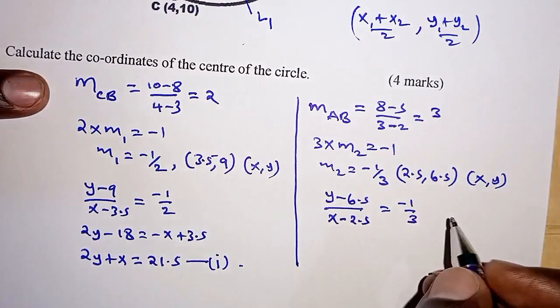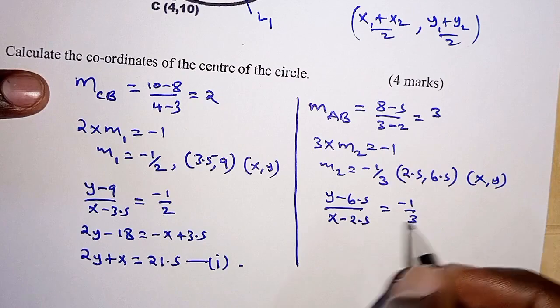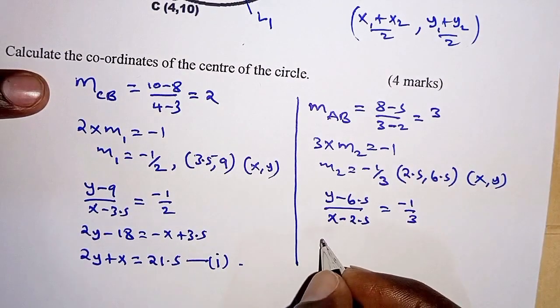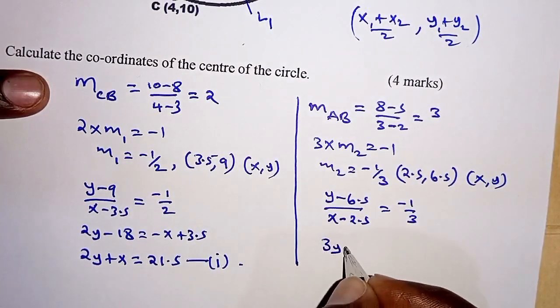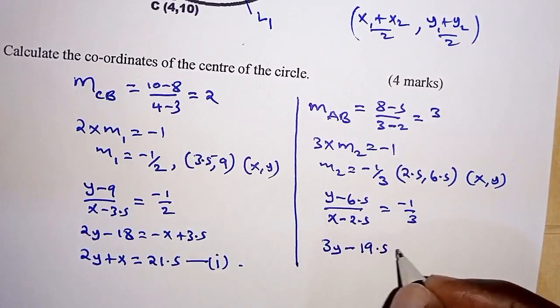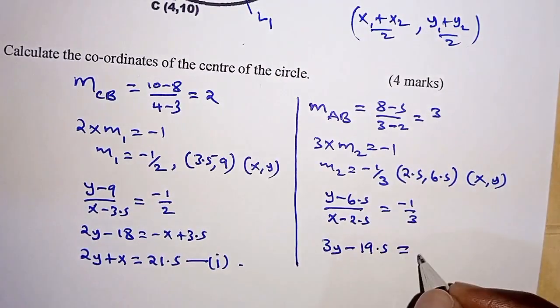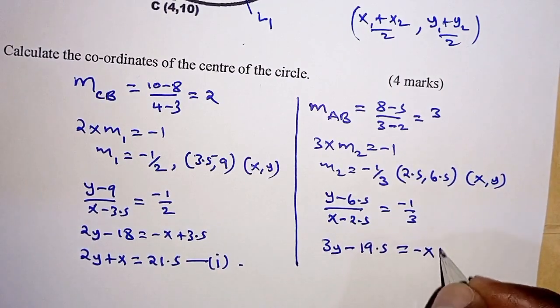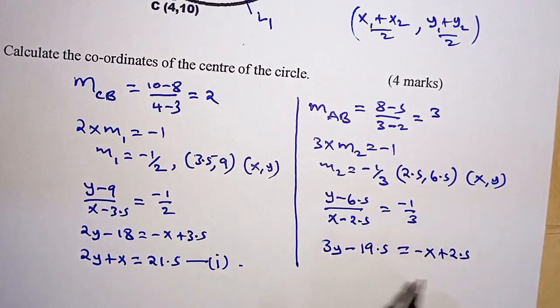Now cross multiplying, we will have 3y minus 19.5, and this should be equal to negative x plus 2.5.